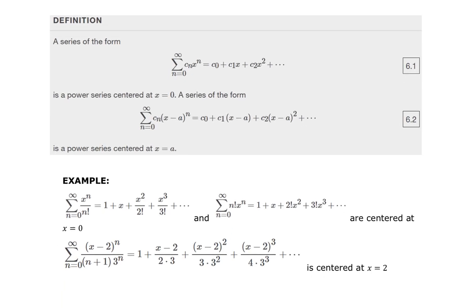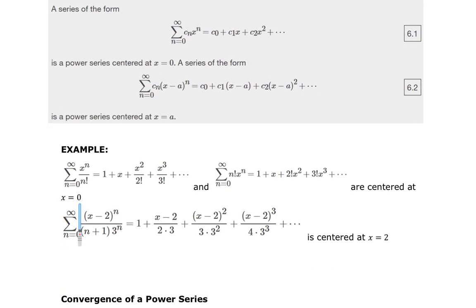Here are some examples. The first two examples are centered at 0, and I know they're centered at 0 because I don't have an x minus or x plus something raised to an n. To determine what my coefficient is, for this one my a sub n is 1 over n factorial.